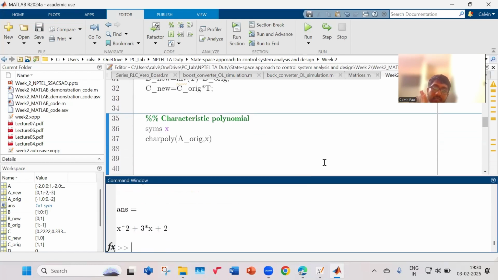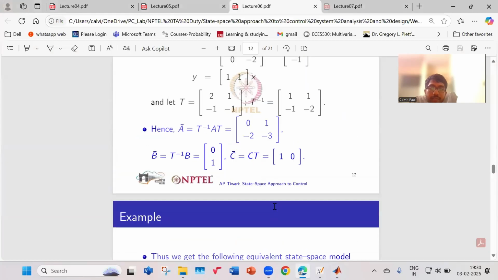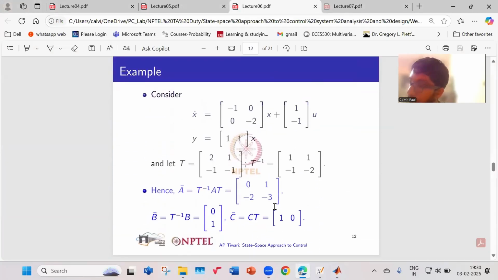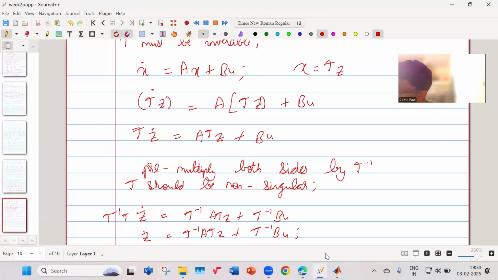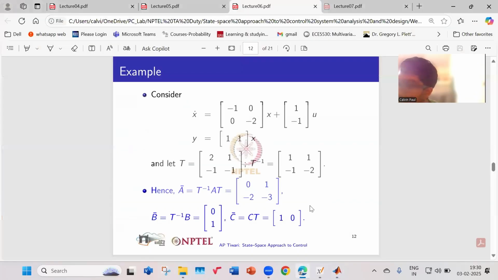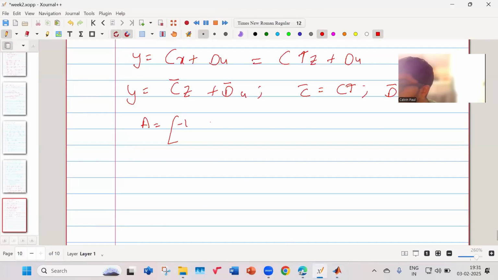Okay. Let us manually calculate so that you will understand the power of this. So this was my A. The original A was given by -1, 0, 0, -2.